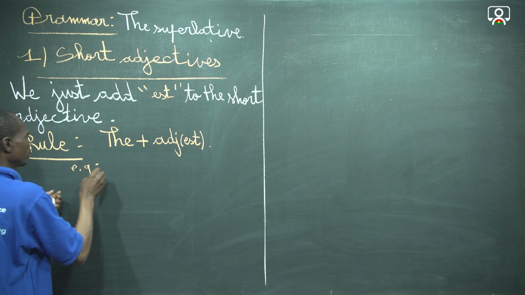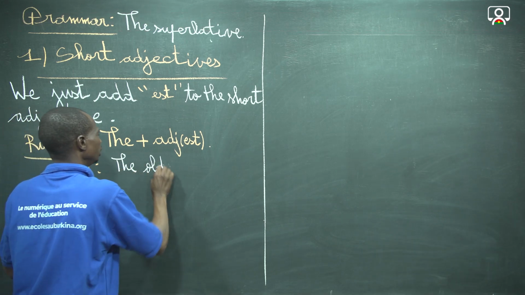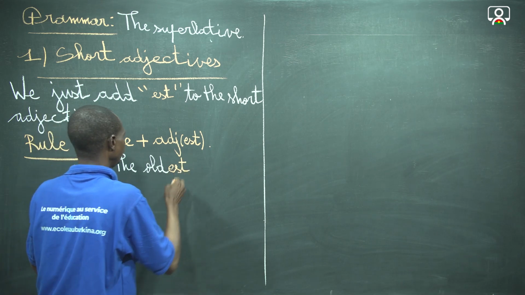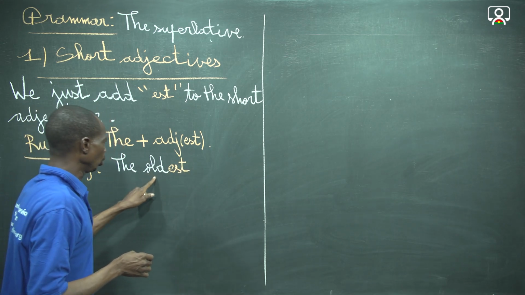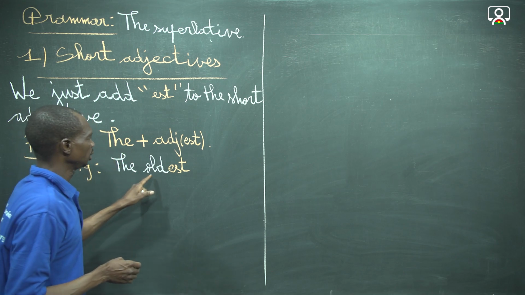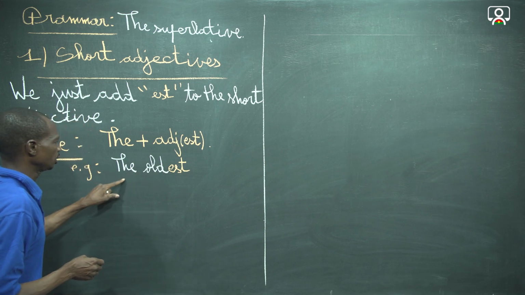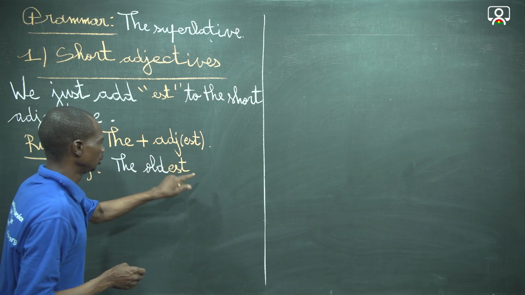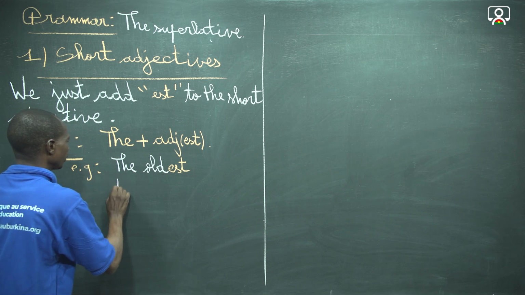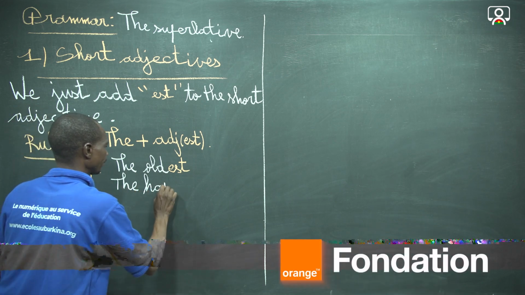Example: the oldest. We have the short adjective old, and the rule is the plus est added to the short adjective. The oldest, which means le plus âgé. And we have another example, the happiest.